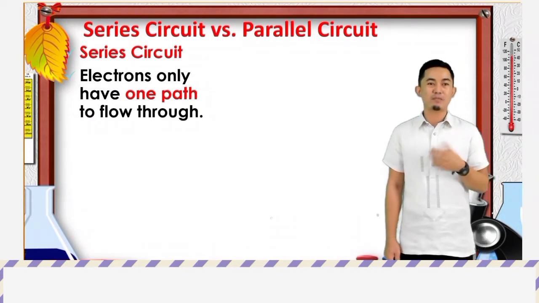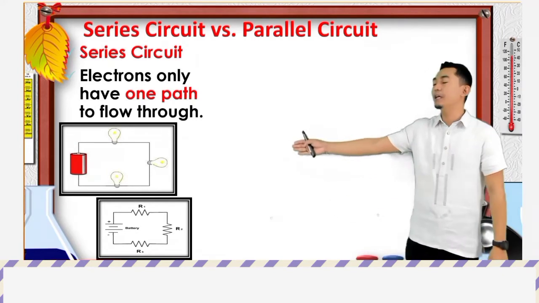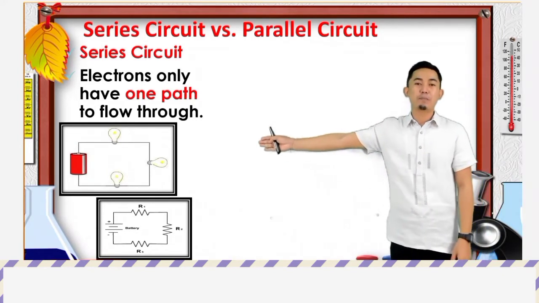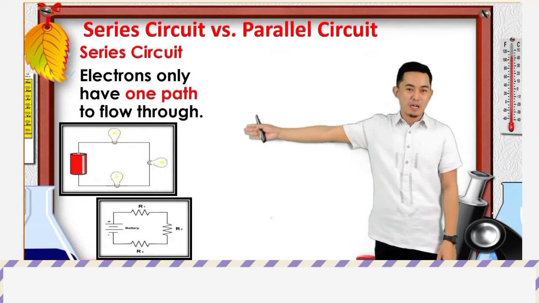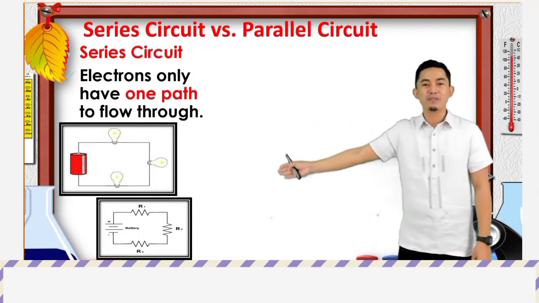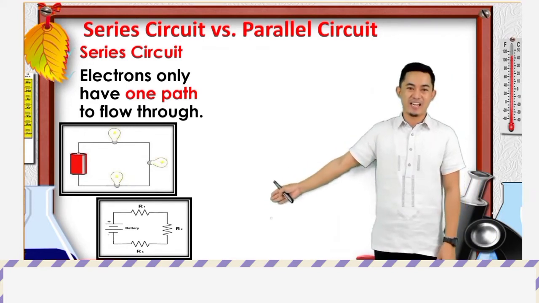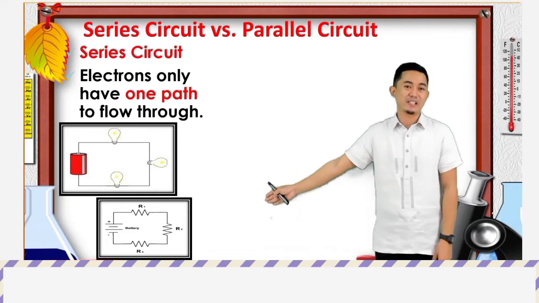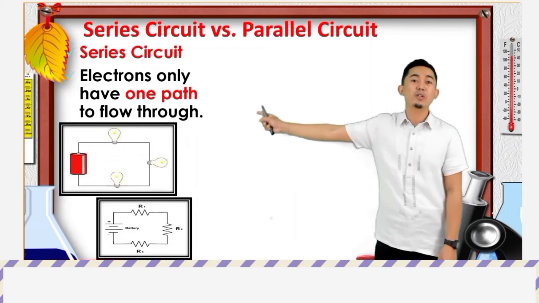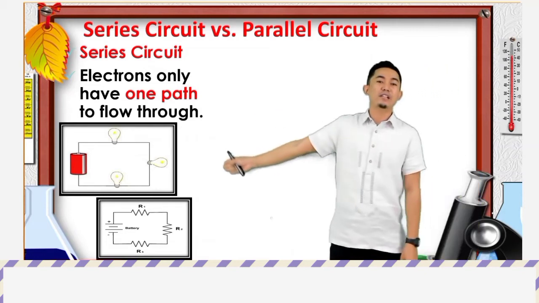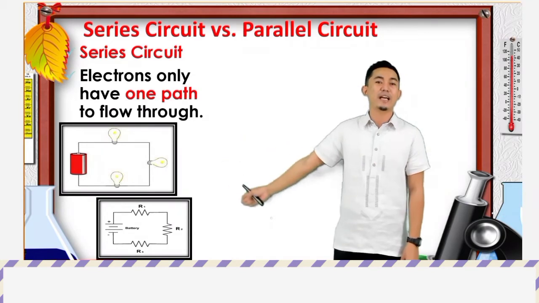For example, in these photos, on the first photo we have the battery and also the bulbs. On the diagram, we have R sub 1 up to R sub 3, which pertains to resistance. As you notice at the connection, it has only one flow, in that particular image and diagram.